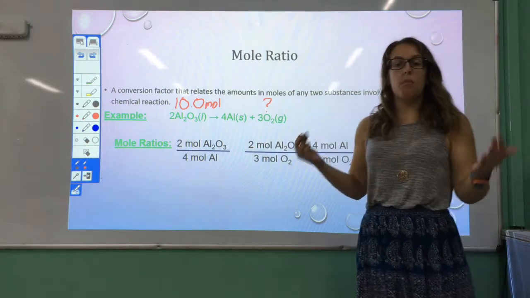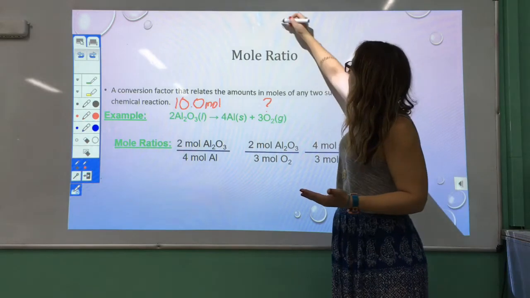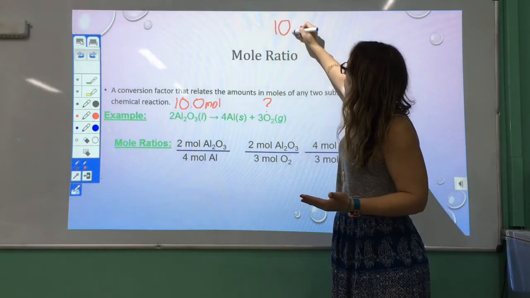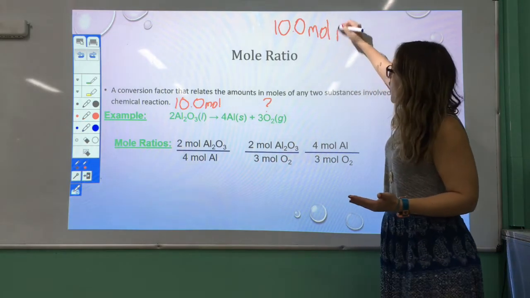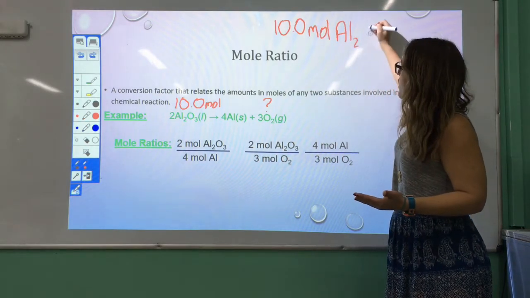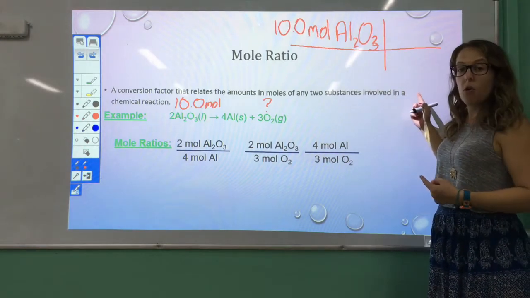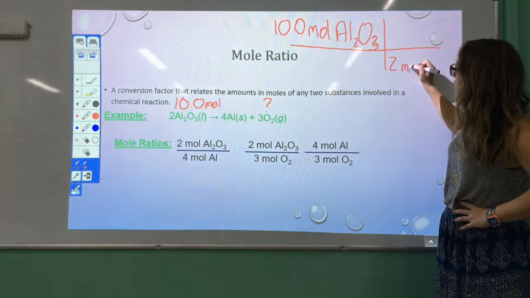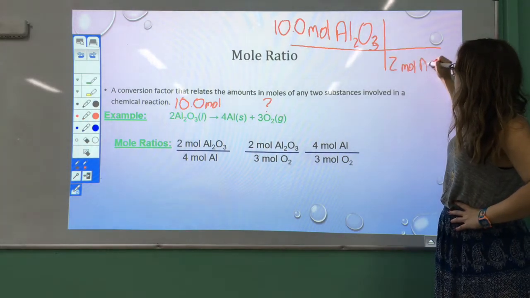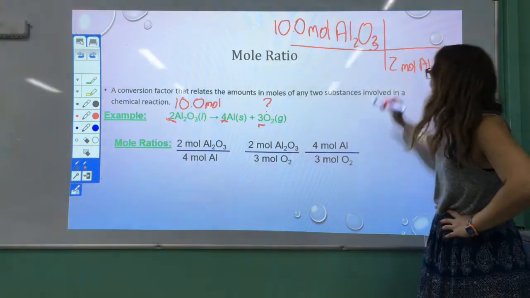We use the mole-to-mole ratio. So if we have 10 moles of aluminum oxide, what's the mole-to-mole ratio? For every 2 moles of aluminum oxide, we have 3 moles of oxygen.